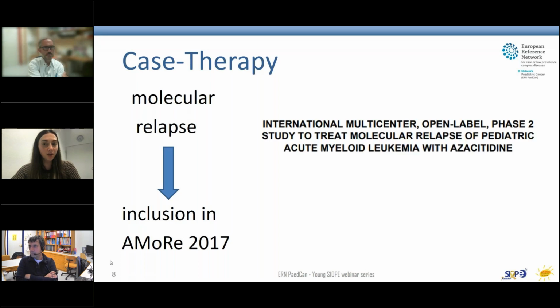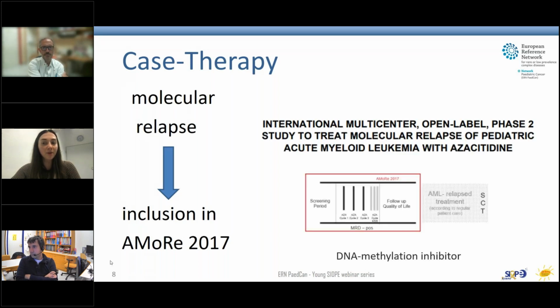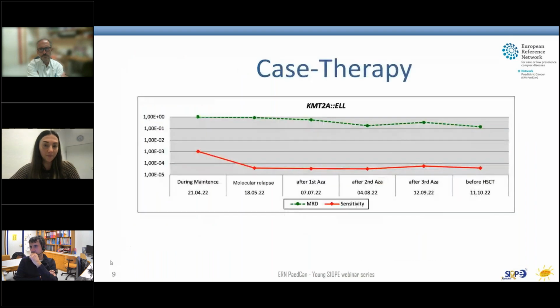This study was an international multi-center open label phase 2 study for molecular relapses, and we examined the action and the response to azacitidine after a couple of samples, so that we could have a stable MRD or a reduction of MRD levels, and then go further with the transplantation for these patients without unnecessary toxicities.